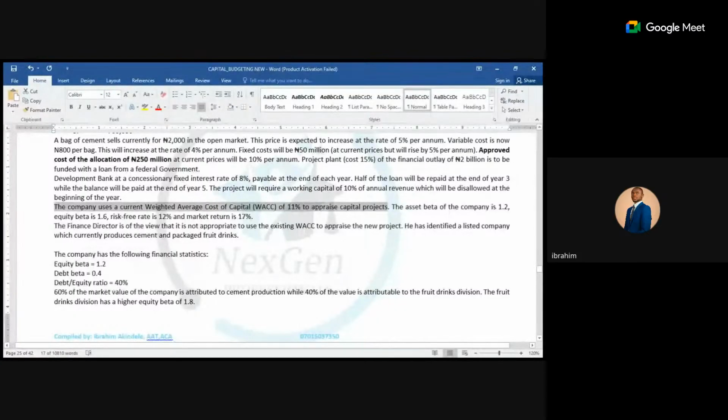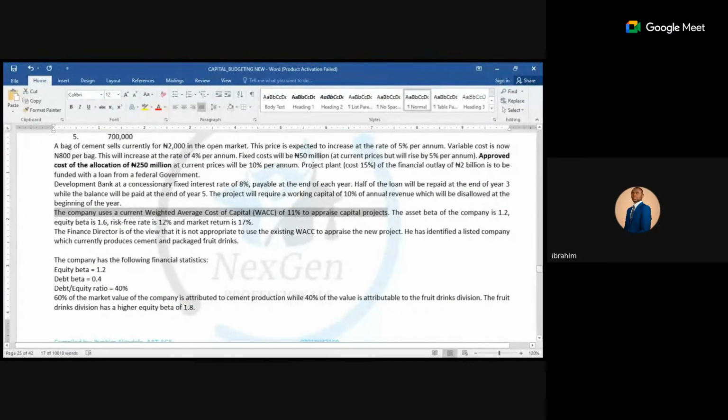Don't forget, the question says determine the appropriate cost of capital rather than the calculated weighted average cost of capital. What the company uses is 11% to appraise a capital project.